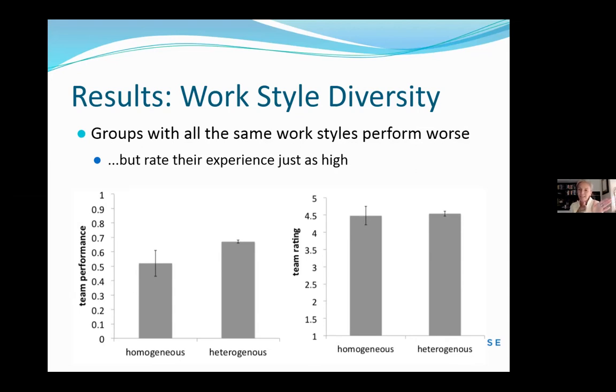Do you focus on the analysis or the execution or the brainstorming? We made teams where all the students on a team were the same. They all, for example, loved to execute, and there was nobody on the team that was a good brainstormer. And then we had teams where everyone was mixed up, so you had one or two people of each of the different styles.